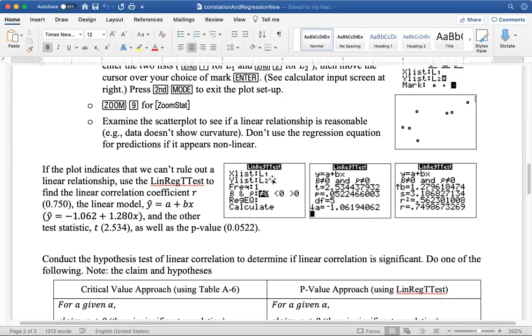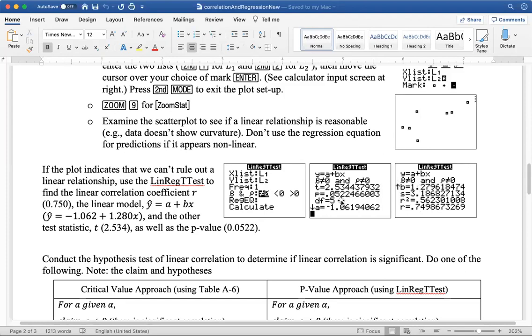Where are the x's? Where are the y's? This frequency will always be 1. And we're going to make sure that not equal is selected here. So put the cursor over that and hit enter. If it's not highlighted, leave the regression equation blank. We're not going to use that. And then we'll go down to calculate, and we'll get all this information out.